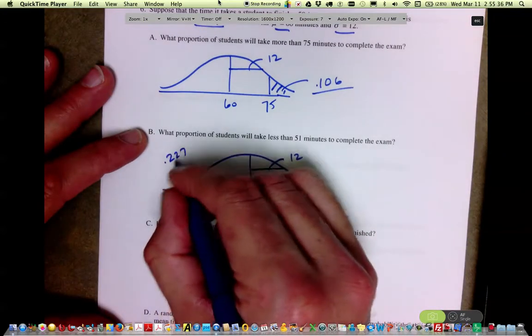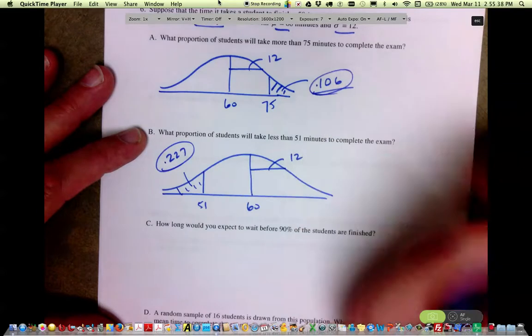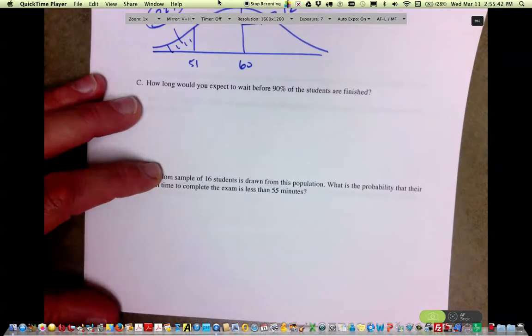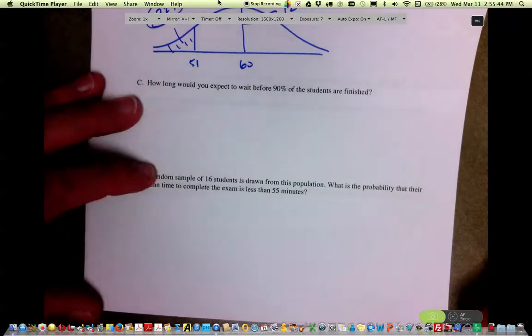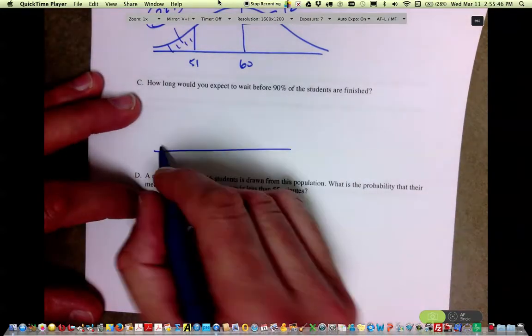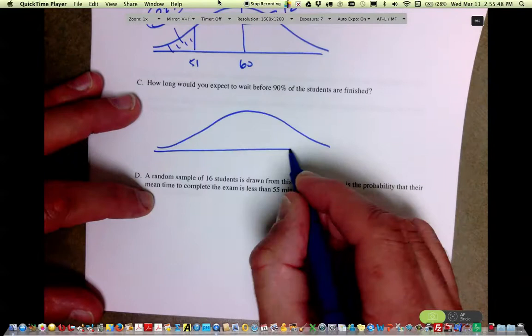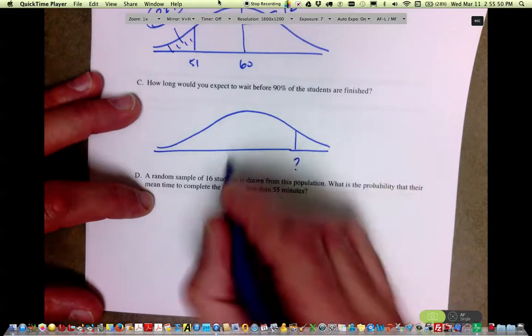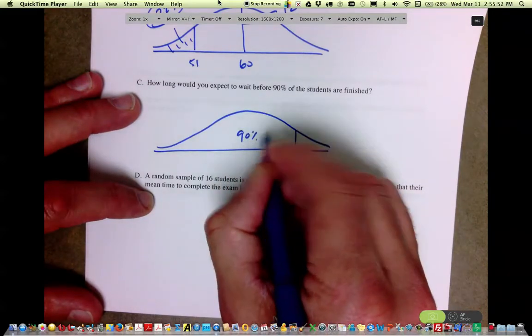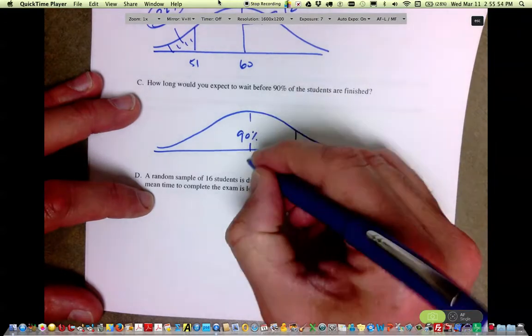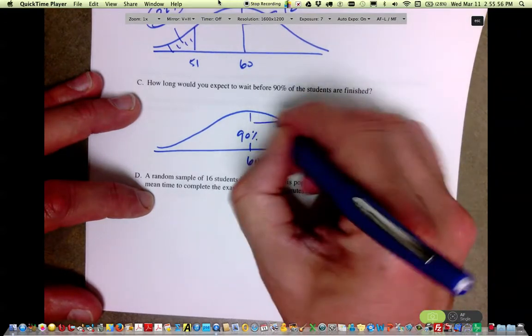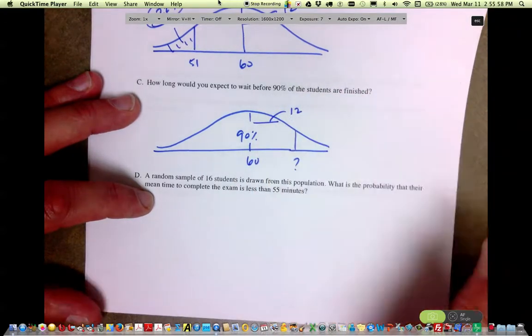Okay, how long would you expect to wait before 90% of the students are finished? All right, so the question is, what is this number where we have 90% on this side, and again the mean is 60 and the standard deviation is 12.